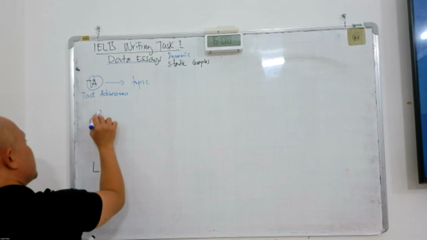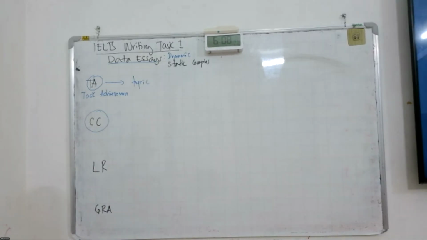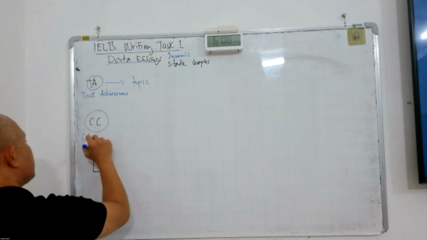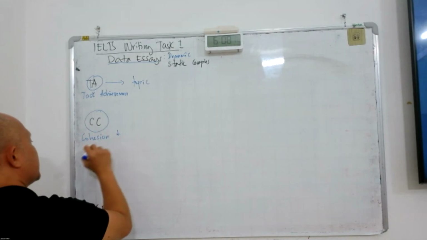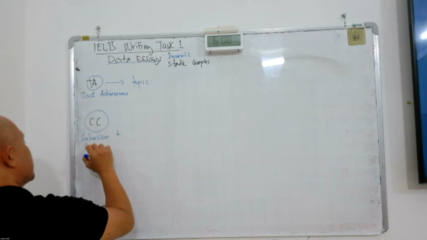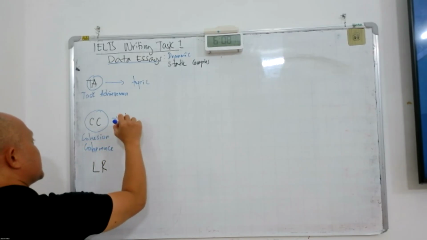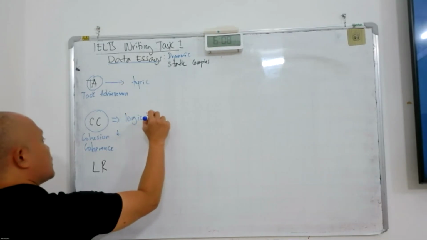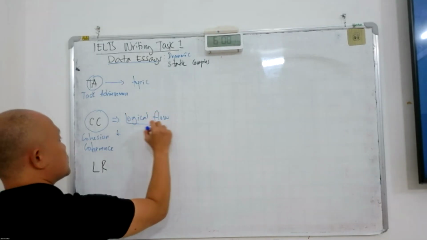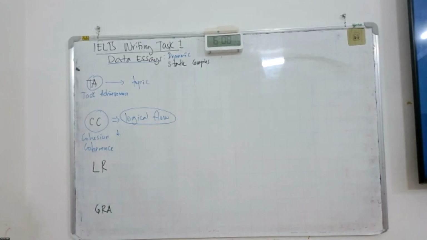Now, today's main focus is cohesion and coherence. In other words, cohesion and coherence means the logical flow of a writing task 1 essay.